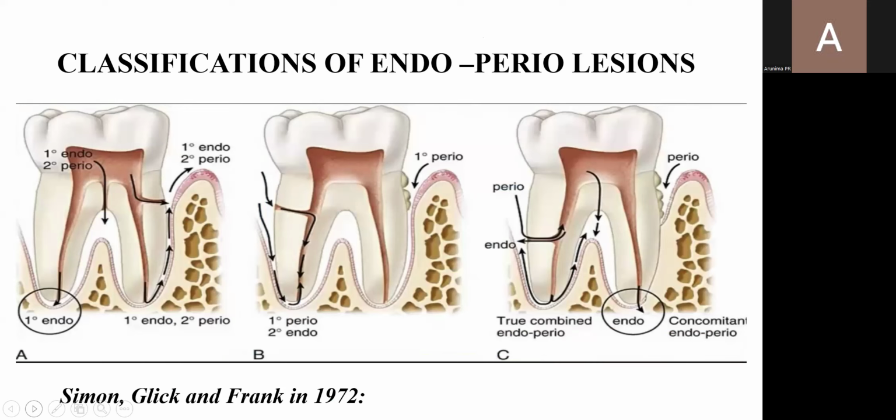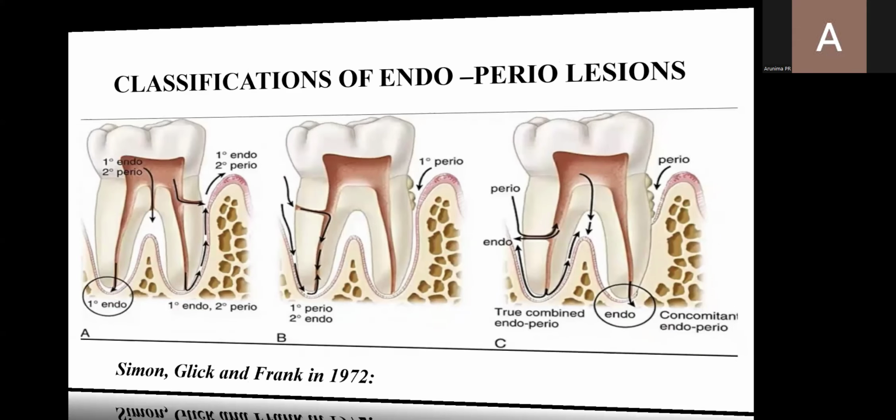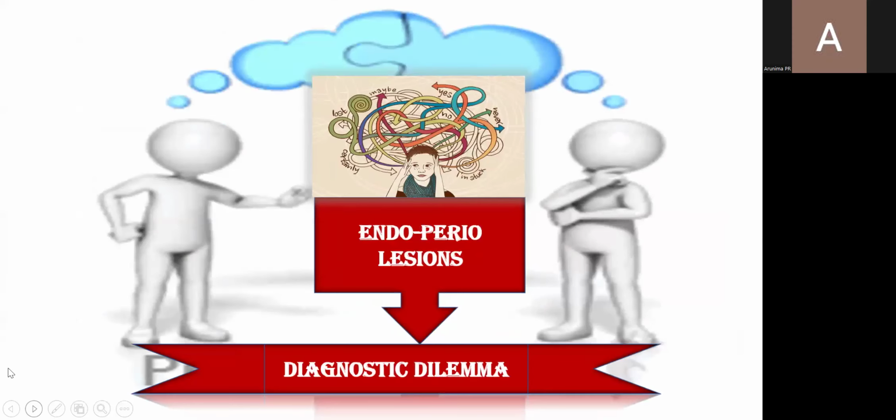You all have to draw this diagram as well when you write the classification for endo-perio lesions: primary endo and secondary perio, primary perio and secondary endo, and true combined endo-perio lesion. This is a very beautiful classification, everybody can easily follow it, and don't ever forget to draw the diagram as well.